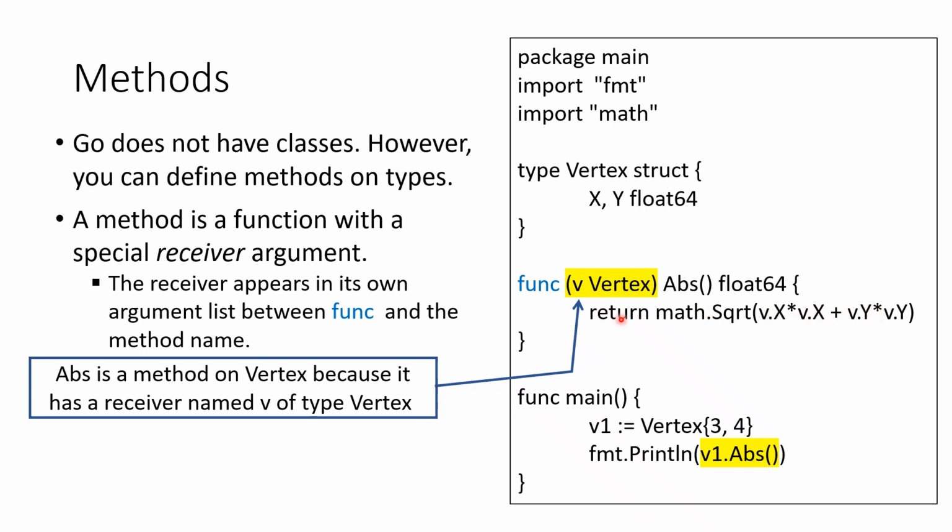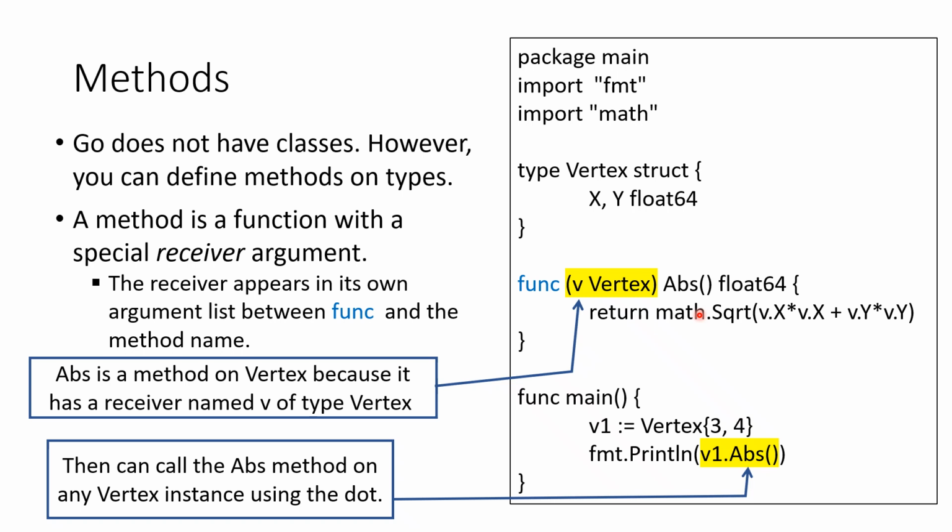After defining method Abs, we can call it on any Vertex instance using the dot operator. For example, in the main function of the same program, we declare Vertex instance v1 and then call method Abs on v1 by writing v1.Abs followed by the regular argument list of the function Abs.